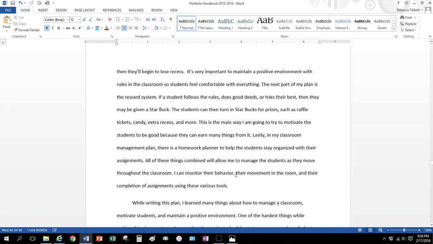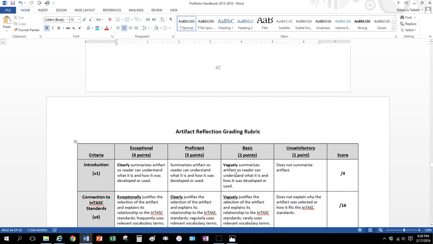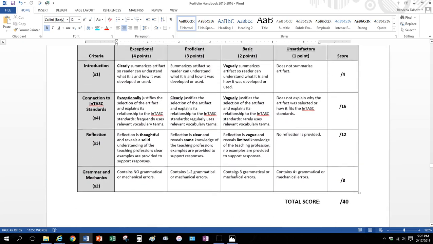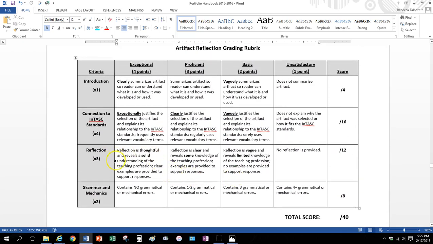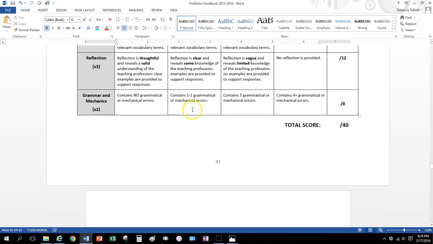If you go down a little bit further onto page 40, there's the rubric for how they get graded, and there are a couple different parts that I'm looking for. A basic introduction, and I'll explain what consists of that, connection to the in-task standards, a reflection piece, and then just general grammar and mechanics.